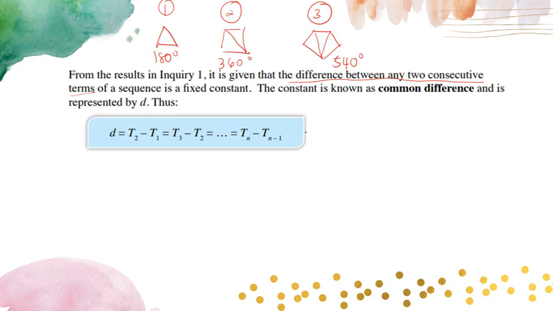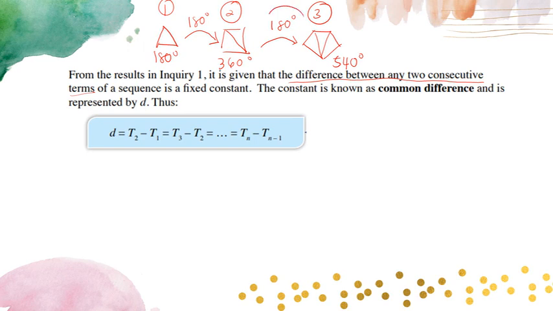So this means that from the first one to the second one, this is the second term and this is the first term. We add another 180 degrees. So from 360 degrees to 540 degrees, we add another 180 degrees, one triangular shape.